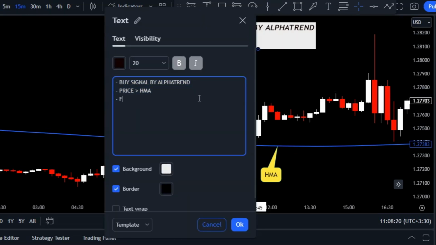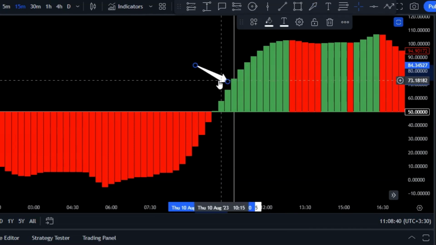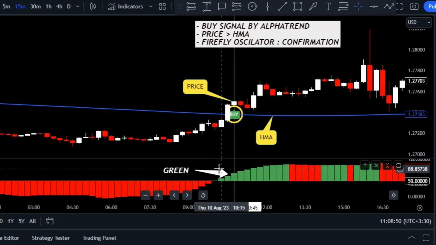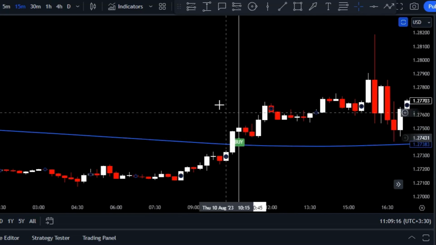Finally, the Firefly Oscillator should validate the signal. When all these conditions are met, it's time to enter a buy trade.